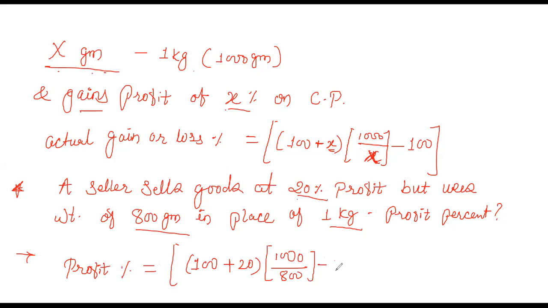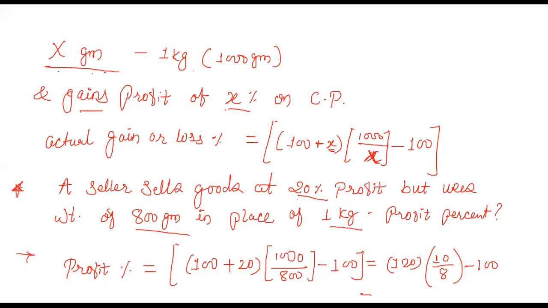800 minus 100. By calculating it, 100 plus 20 is 120. 120 into 1000 divided by 800 gives 10 by 8, minus 100.